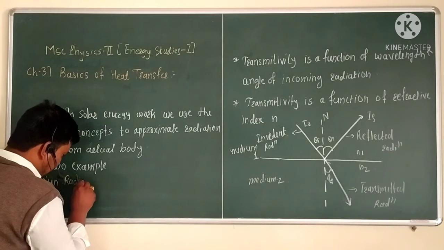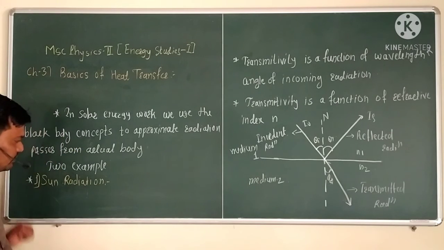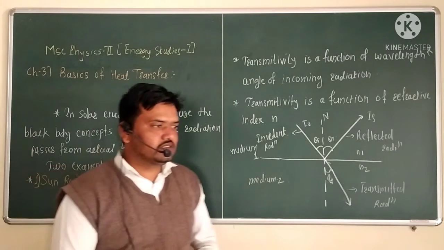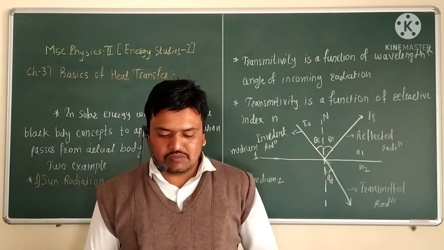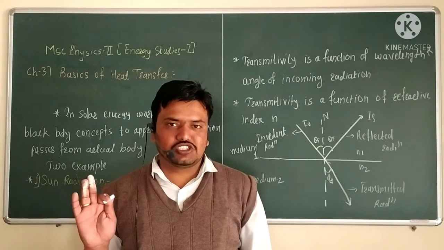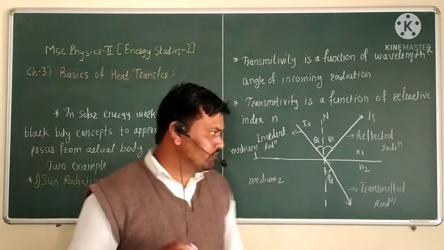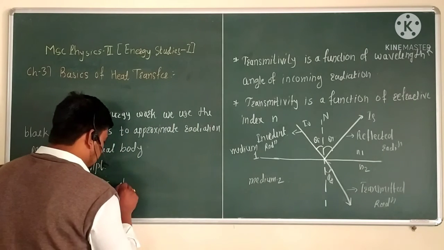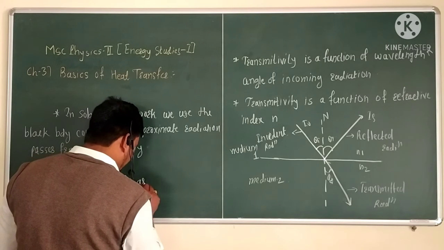What is the ideal temperature or range of temperature? First of all, we have to know that the sun is assumed to be a black body.